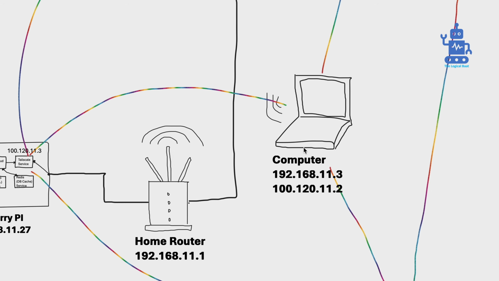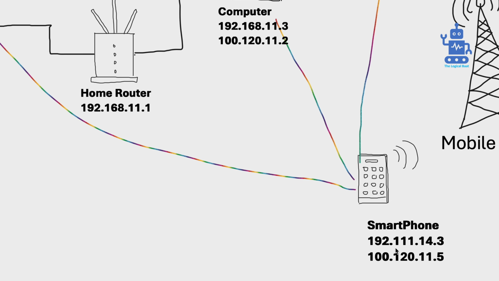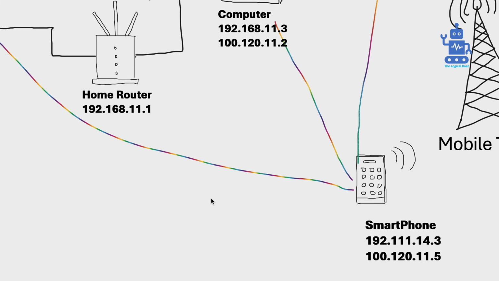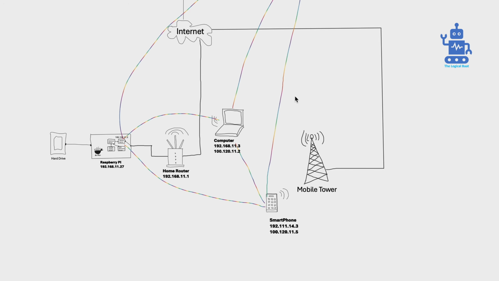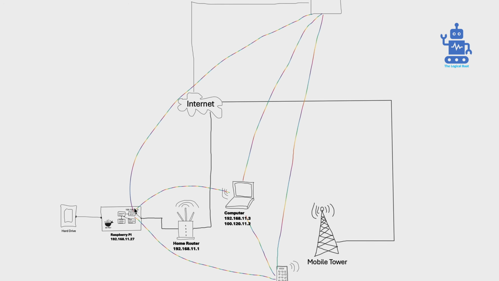Similarly, when I log in from my computer using the same account, it also gets an additional private IP address of that tailnet. Similarly for the smartphone as well. And that's how these devices get connected to each other using a peer-to-peer mesh virtual private network.